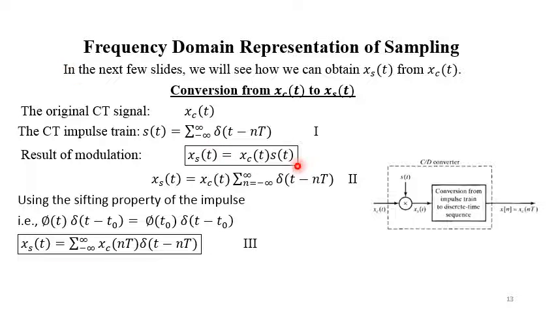Multiplying the original continuous time signal by the impulse train, we also call modulation. So we have x_s(t) equals this. Now putting the value of the impulse train into this equation, we get equation 2, which is this one.